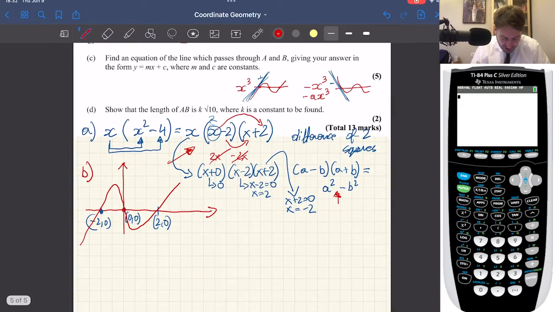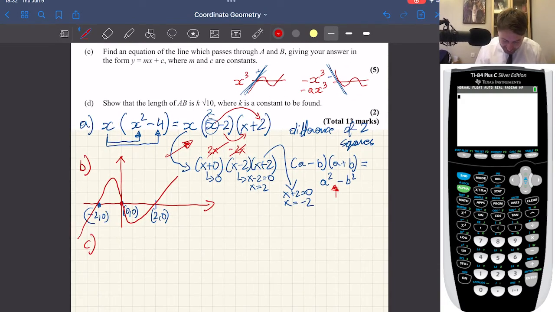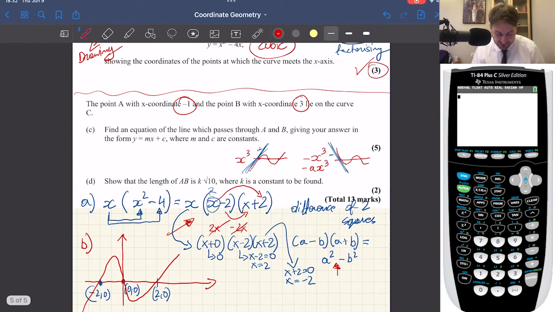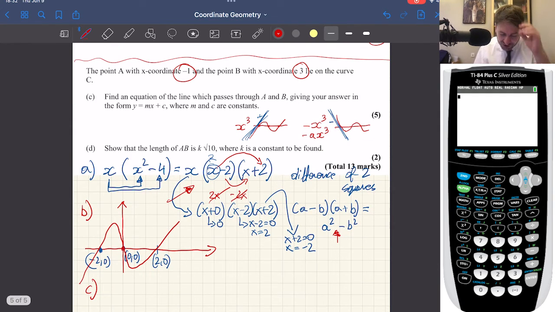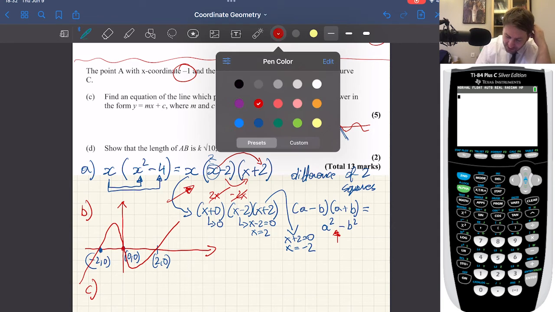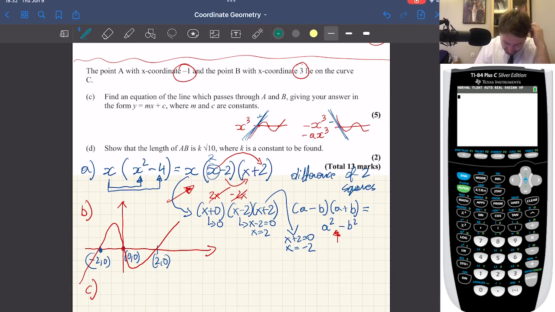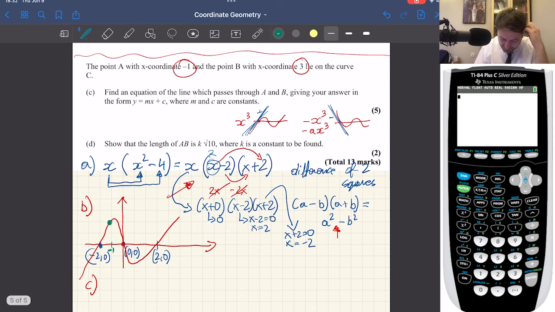All right, so that was B, and then going to C. I was very eager to get to C. We got coordinates that lie on this graph. So somewhere here, where x is -1, I have a coordinate, and somewhere at 3, I have another coordinate.